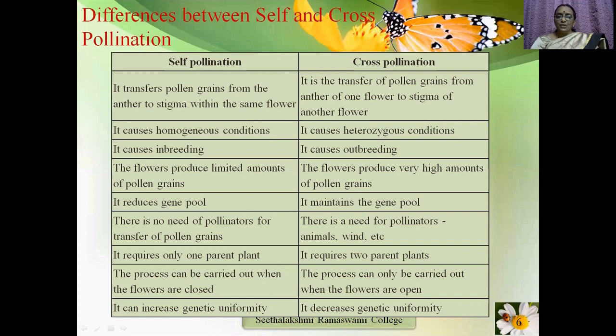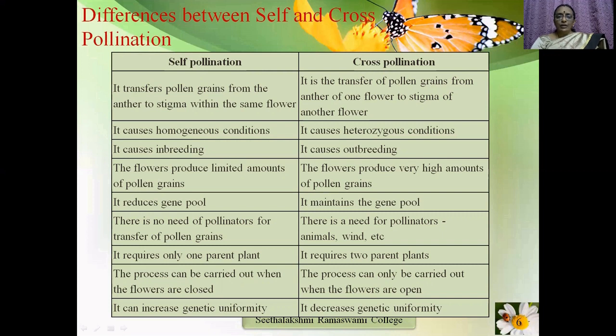And there is no need of pollinators in case of self-pollination, because it is just a transfer in the same plant or in the same flower. And cross-pollination needs pollinators like animals or wind, which we are going to cover in a later section of this video.